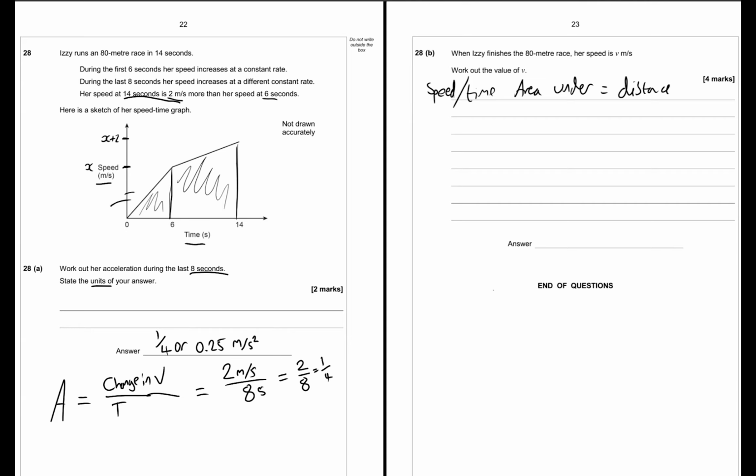We've got a triangle and a trapezium. So what's the area of a triangle? The area of a triangle is half base times height. So we know it's going to be a half, and then the base is 6, and the height is this distance here, which we don't know. It's going to be x for now.